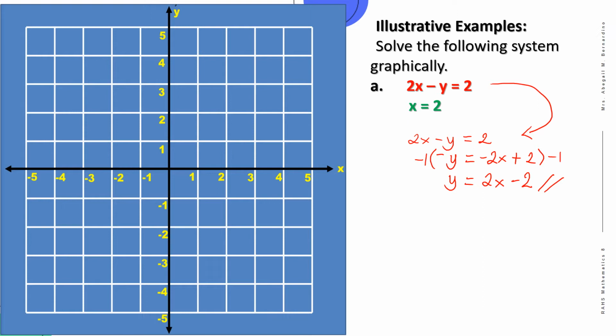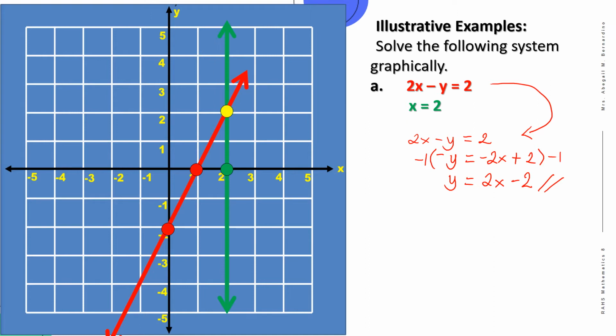Now we're going to graph this given equation. The y-intercept is negative 2 and we're going to move upwards 2 and 1 unit to the right. Here it is. Then connect the points. For the second equation, x equals 2, we're going to draw a vertical line.